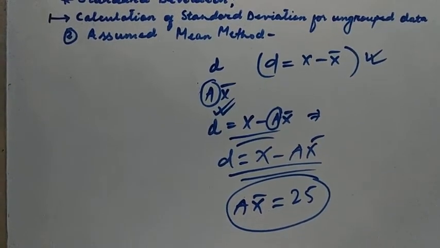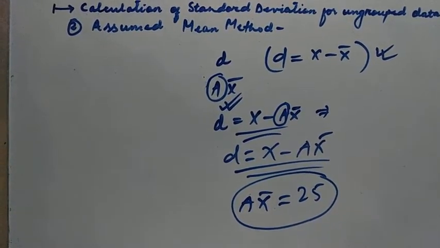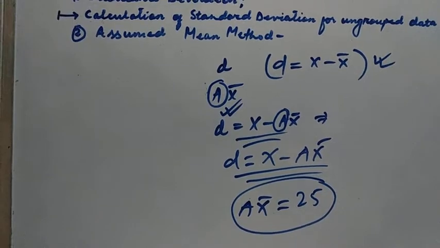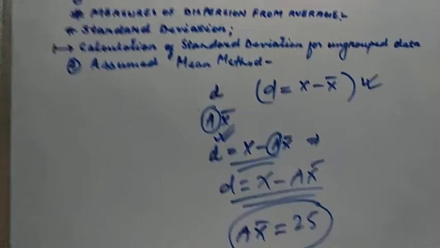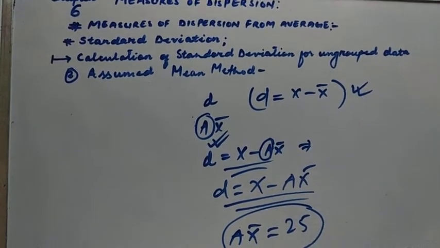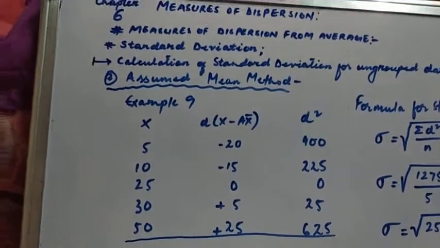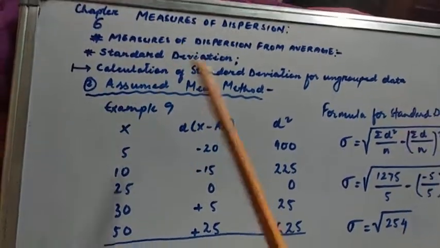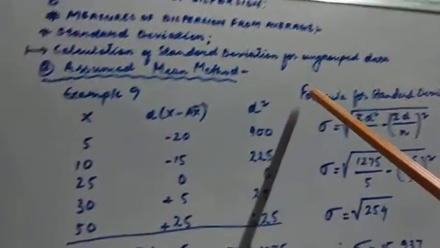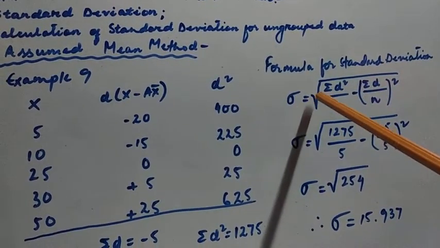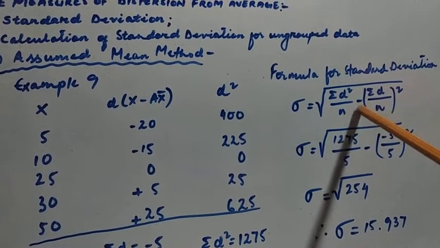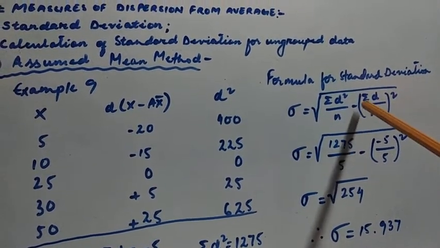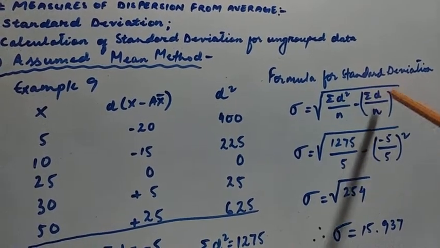For the assumed mean method, the formula is the square root of summation d squared divided by n minus summation d divided by n whole square.